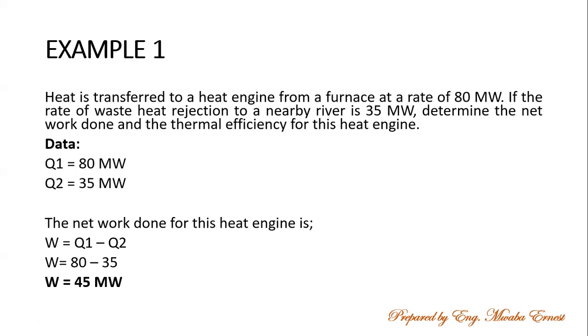Then after the heat has come from the furnace, it is being dumped, not the same amount of heat, but what is going into the nearby river is 35 megawatts. Where has the other one gone? That is where the question comes in, as it says, determine the net work done. So then we can now say, let's get to work.